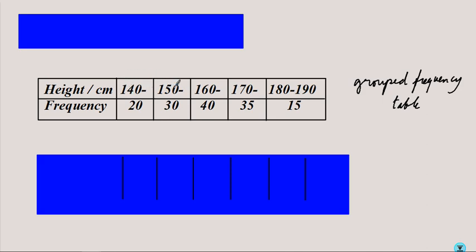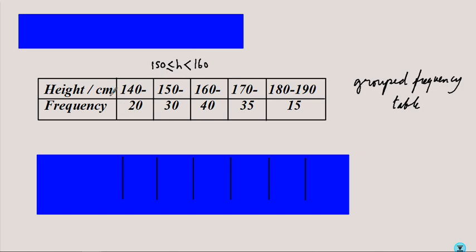So for example, in this interval, there are 30 people who have a height from 150 to 160 exclusive. Obviously, this class can be represented by the inequality 150 is less than or equal to h, which is less than 160 centimeters.